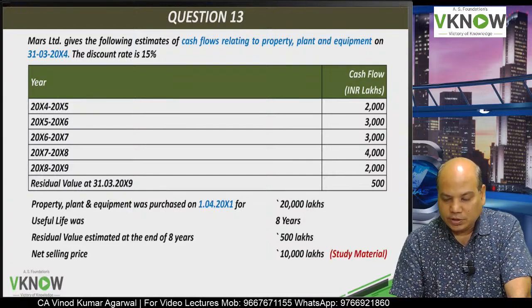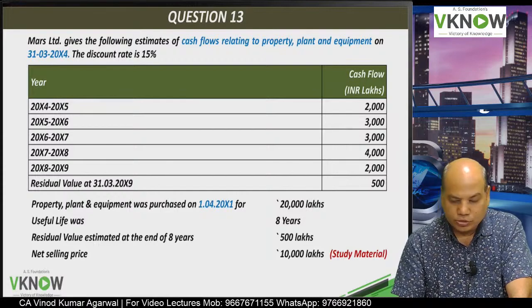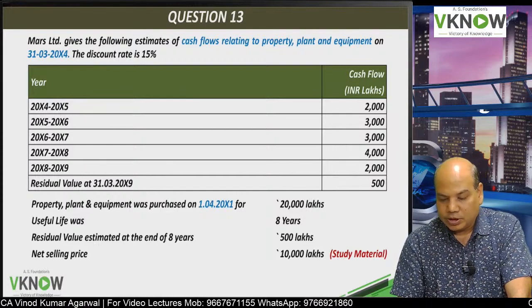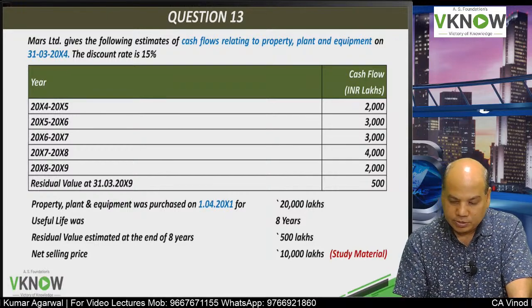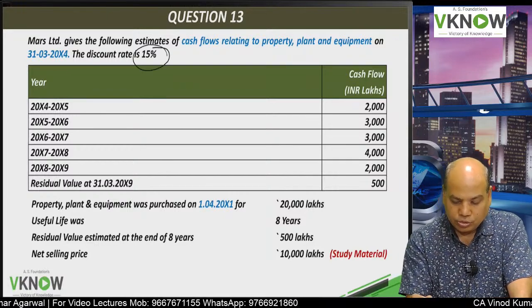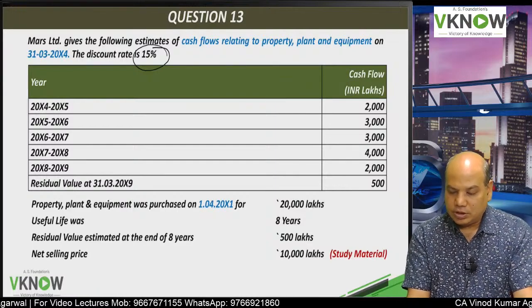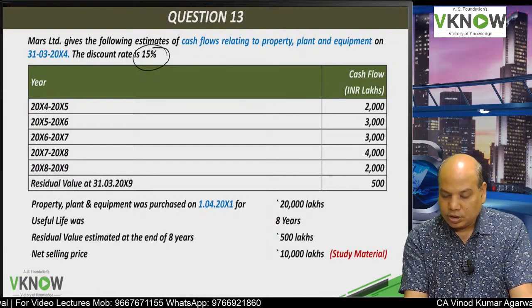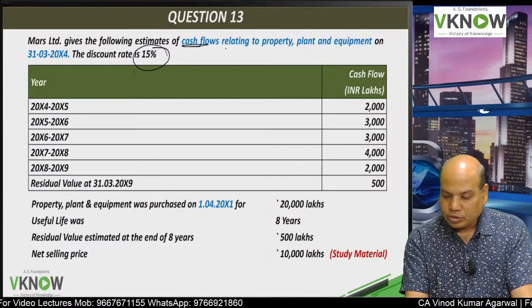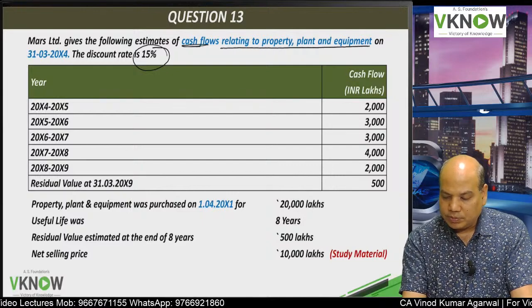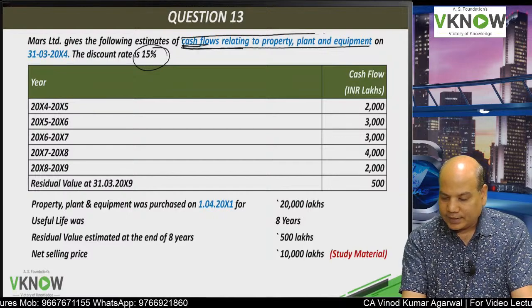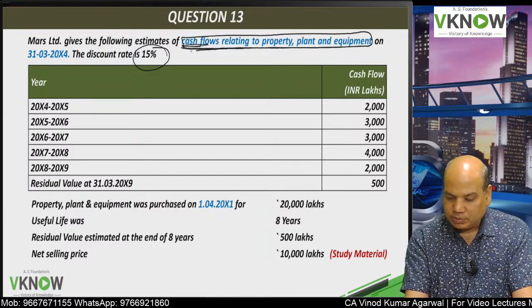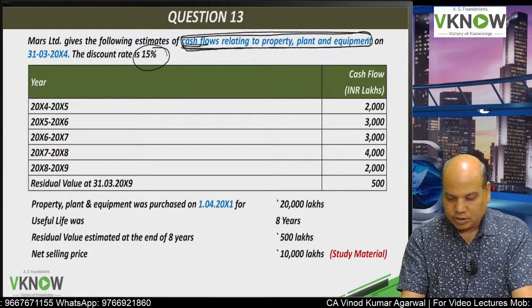Mars Limited gives the following estimate of the cash flows relating to property, plant, equipment on 31st March 20x4. The discount rate is 15%. I am going to use 15% as discount rate, and this is cash flow relating to property, plant and equipment. Underline it.